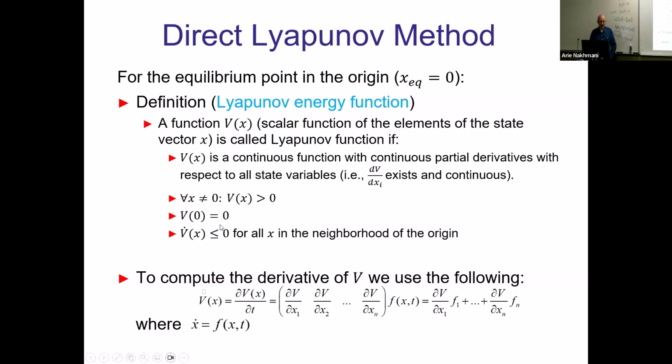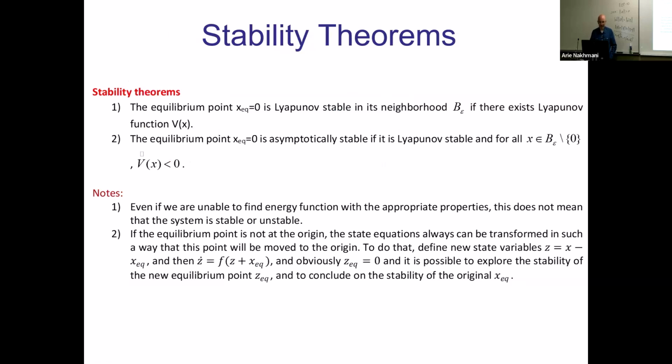All right, so we need to find that kind of function, and as I said, this is a very difficult task. But assuming that you found that kind of function, okay, we will see if you can. Sometimes you can, sometimes you can't. Here are the stability theorems from Lyapunov, okay, for how you can now find asymptotic stability and Lyapunov stability of the functions, given that function. So the equilibrium point, x equilibrium equals 0, as we assumed before, is Lyapunov stable in the neighborhood, some hypersphere epsilon.